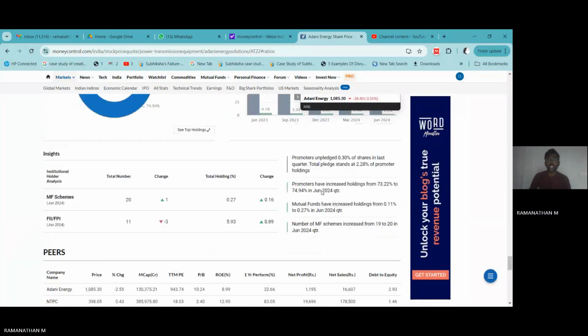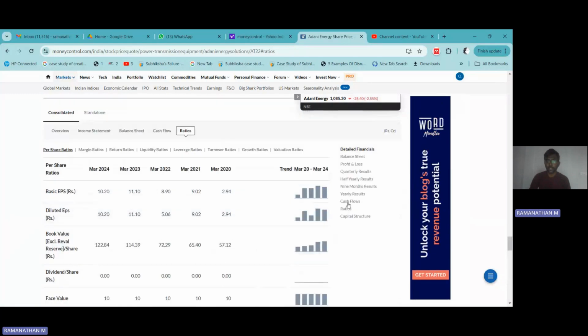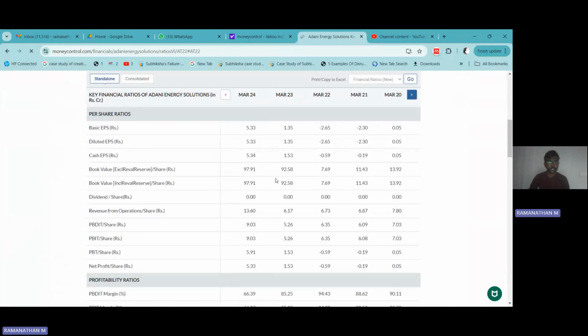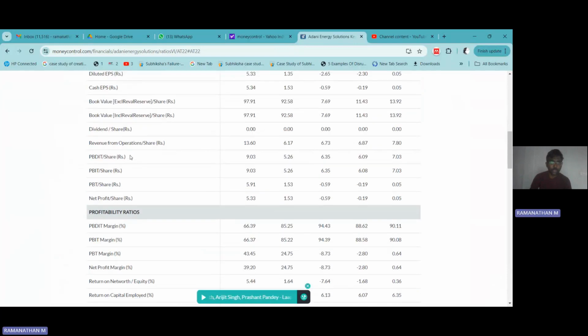So we have n number of ratios. We have viewed EPS, book value, face value, and other things. Per share ratios include earnings per share, diluted EPS, cash EPS, book value, dividend per share, revenue from operations, PBDIT, PBIT, PBT, and net profit per share.